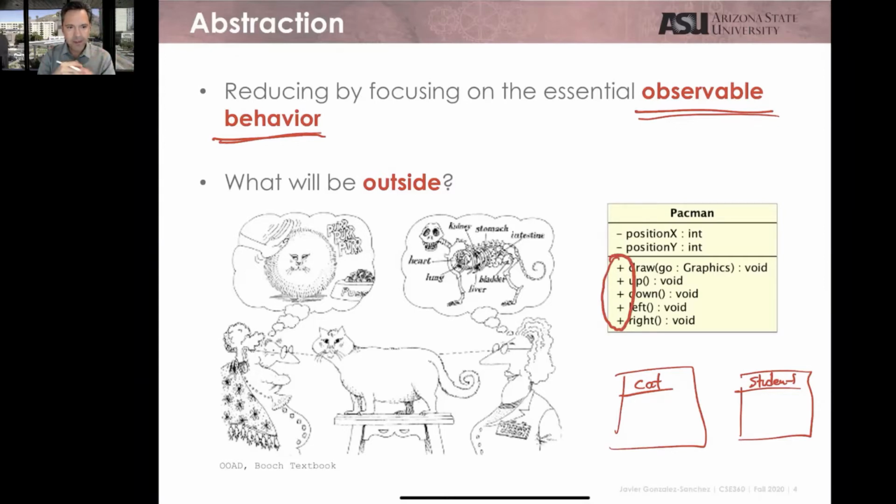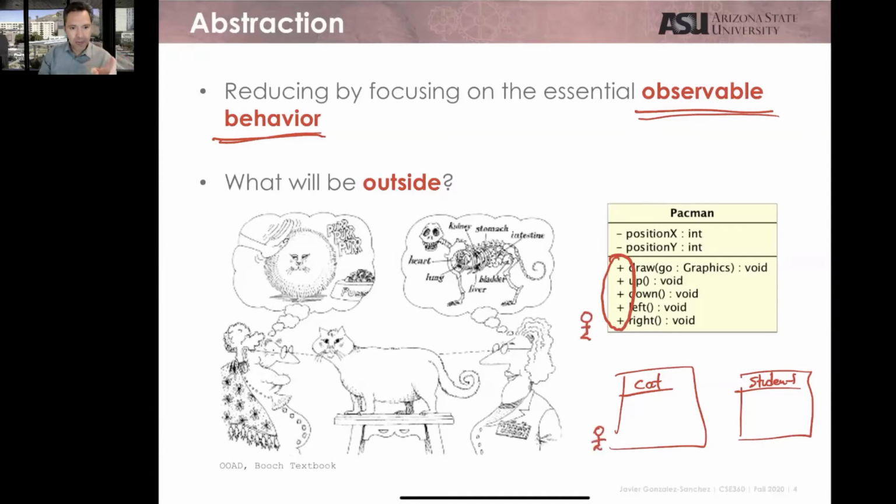Decision number one, in terms of abstraction, is what you need to decide when you create a class: which elements of the class are going to be available for others. Because those elements that are available for others are the observable behavior of that class. And remember, usually the idea is one programmer, one class.